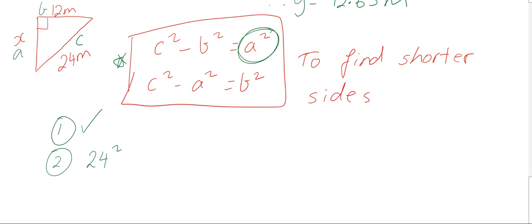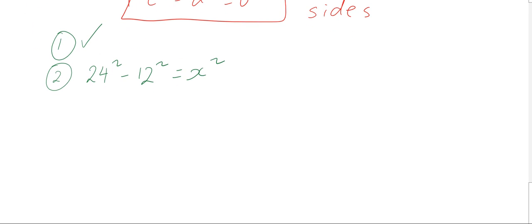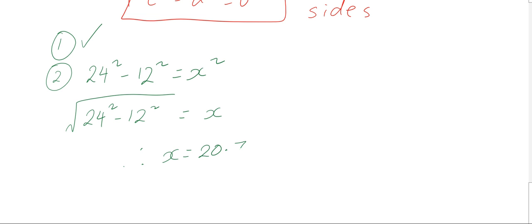I'd write 24 squared, take 12 squared equals x squared. Putting that straight into my calculator, or to reduce margin of error with rounding decimals, I'd probably put this all in one step. And then you would get your answer straight away, so therefore x is equal to 20.78 meters.